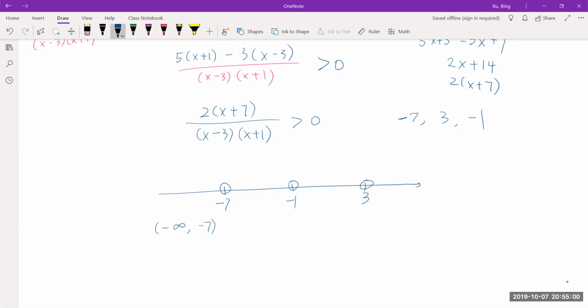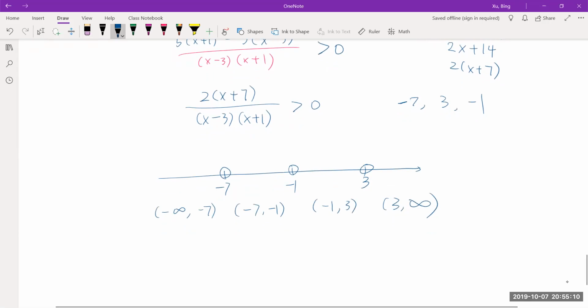Okay, so now the number line is divided into, in this case, 4 intervals. Test point from each interval. I have negative 8. Here I'll pick negative 2, 0, and 4. Now, what do I want to test?